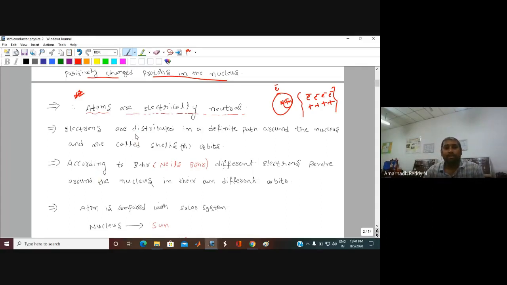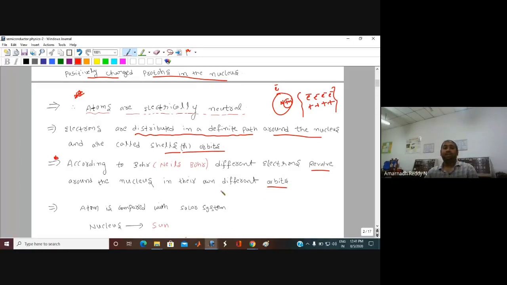Electrons are distributed in definite paths around the nucleus, called shells and orbits. This is actually related to modern physics. According to Niels Bohr, different electrons revolve around the nucleus in their own different orbits.